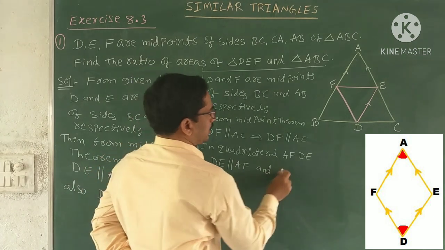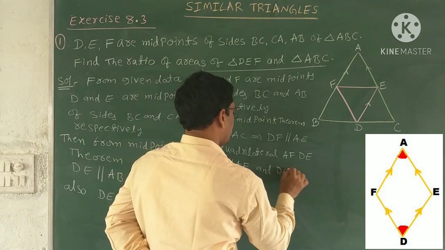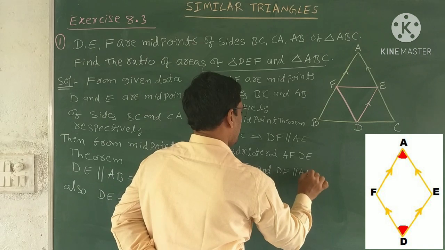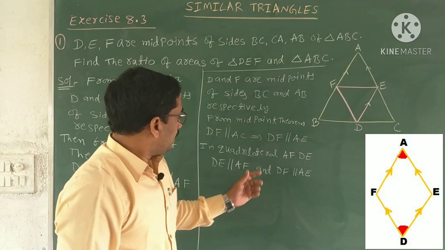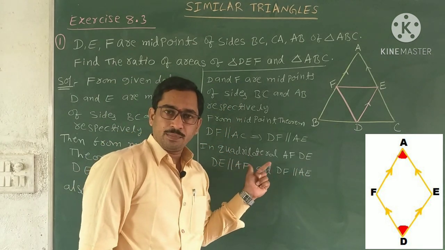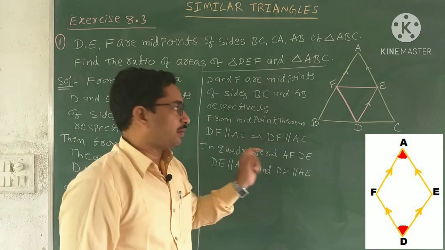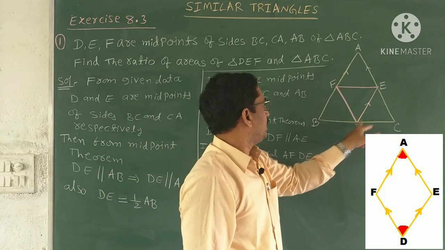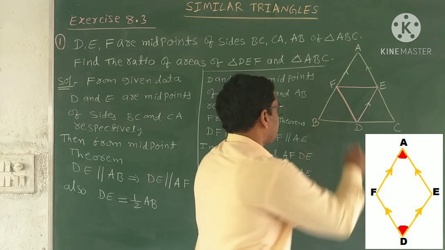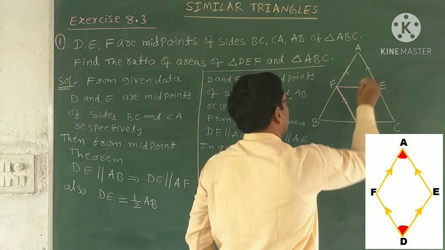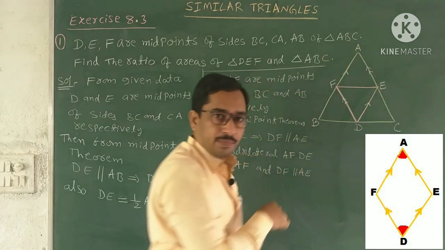DE is parallel to AF, and DF is parallel to AE. So see, in a quadrilateral, if opposite sides are parallel, then it becomes a parallelogram. In quadrilateral AFDE, these opposite sides are parallel, then it becomes a parallelogram.